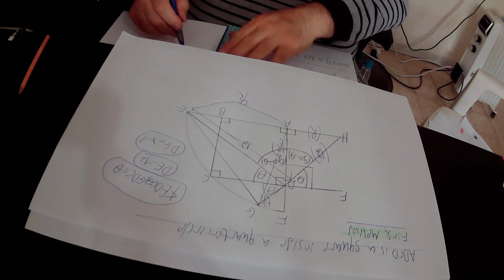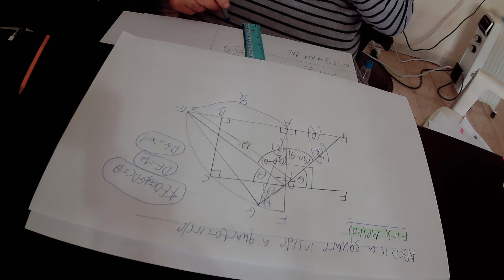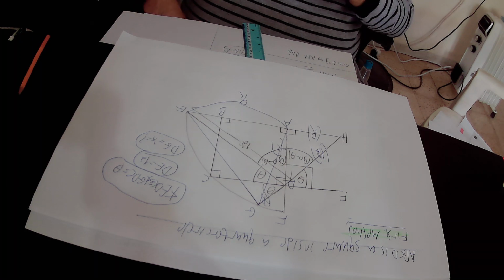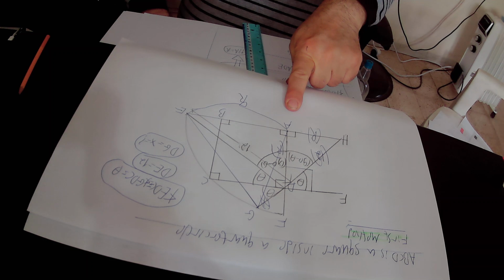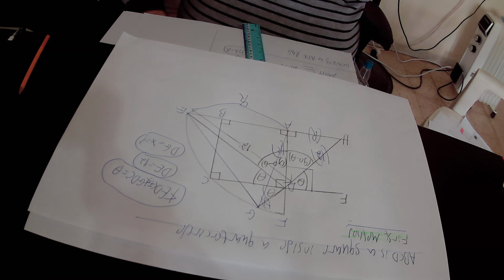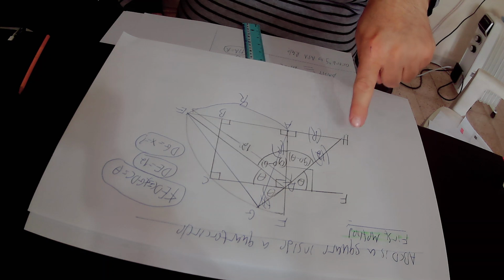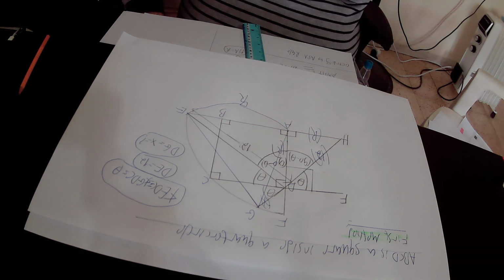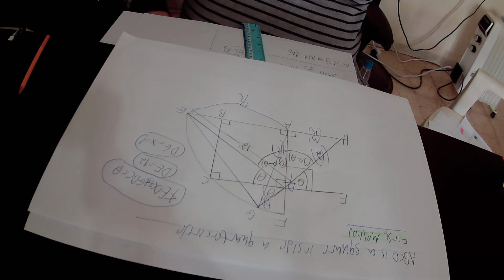So, actually, because of the fact that this is point A, it is located at the same distance from all the three vertices of triangle HGE. Therefore, point A is defined as the circumcenter of triangle HGE.